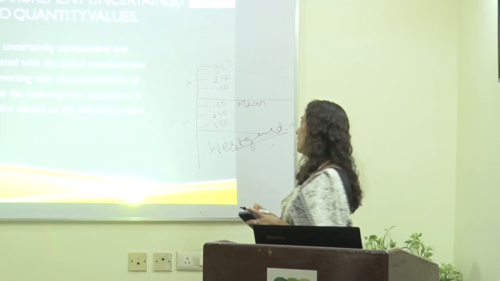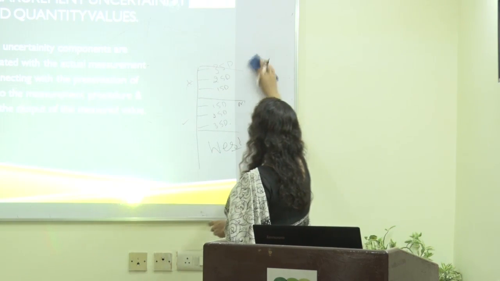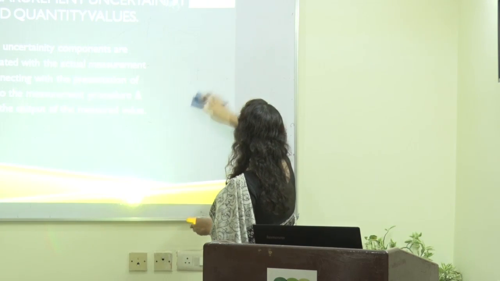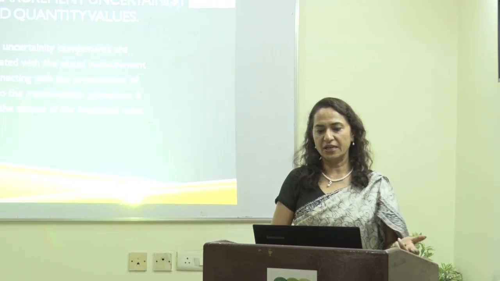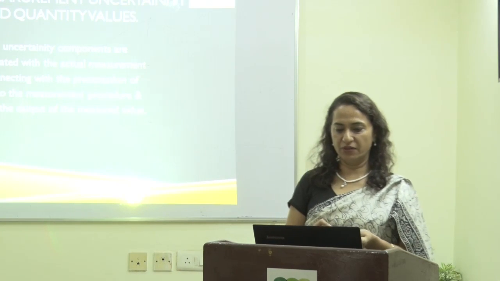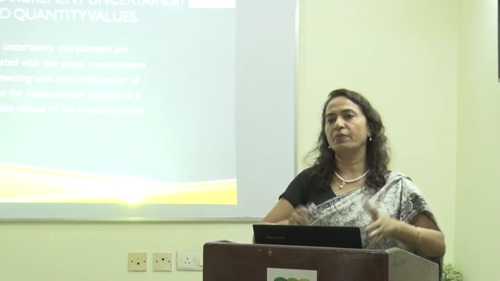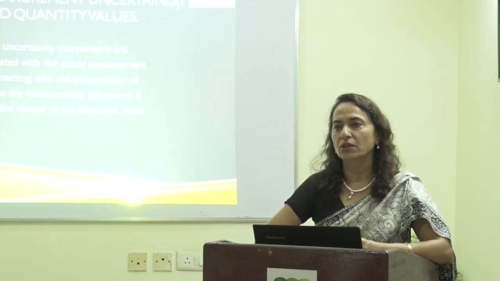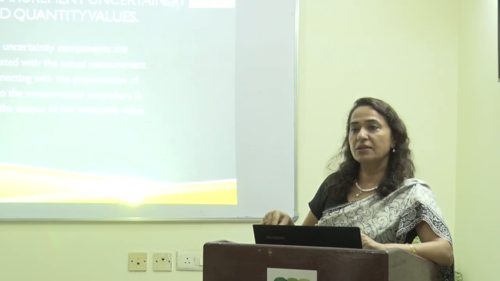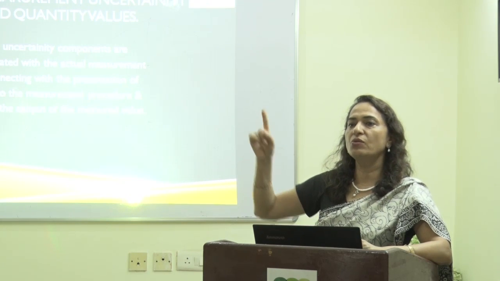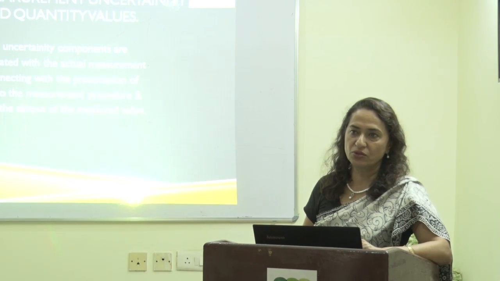Got it? Standard says that your physician should also know the CV percentage of a particular parameter. When you are sending your scope for accreditation to the NABL, you have to list all the parameters, and in front of all the parameters you have to put the CV percentages also.